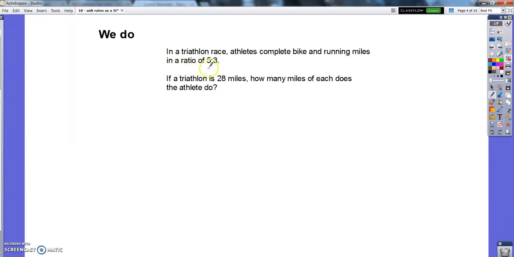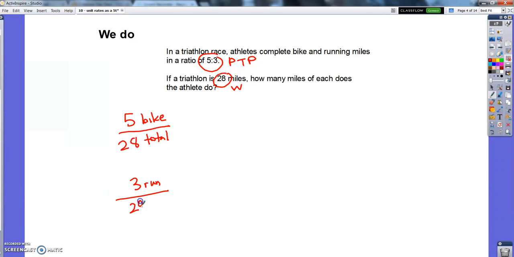So remember, this is a part-to-part, and we're given a whole, so we need to think part-to-whole ratios. So the part-to-whole, that's 5 bike to 28 total. And I guess the other problem is 3 run to 28 total.